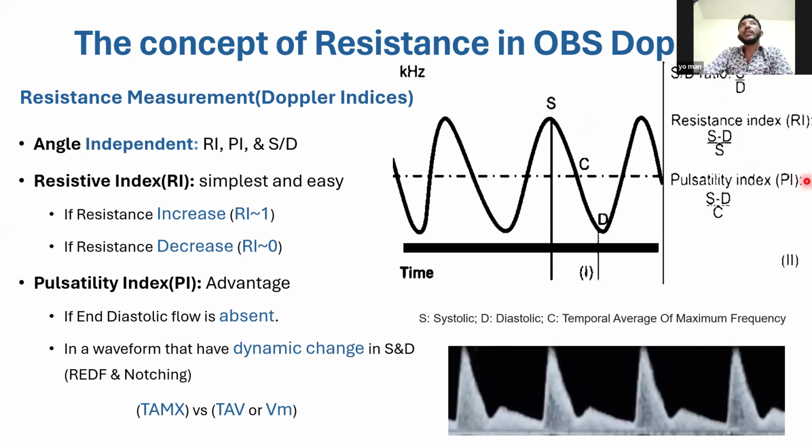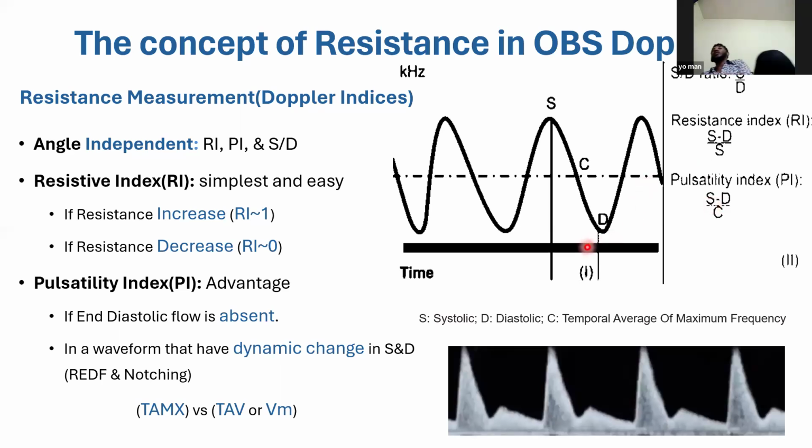But the pulsatility index includes the Tmax, the time average maximum velocity, in its formula, which is information you can get from here. So even if the diastolic flow is absent, you get a very important number, which can be interpreted using a standard nomogram.